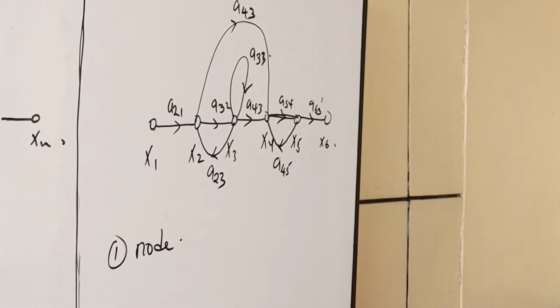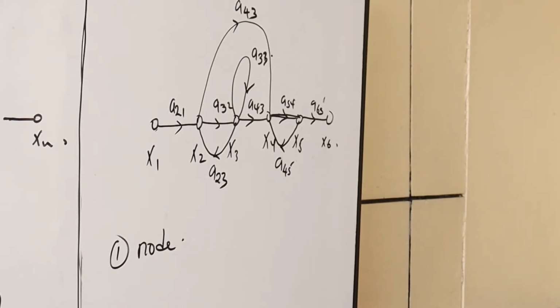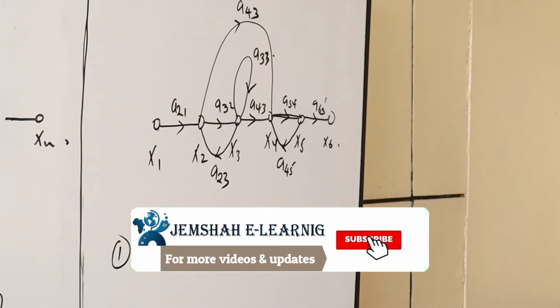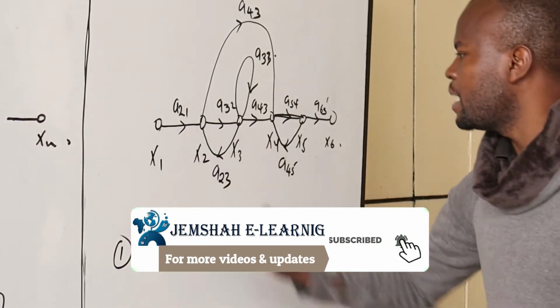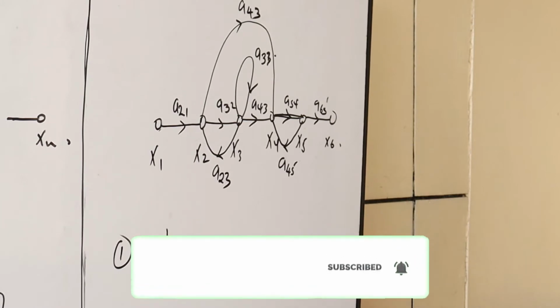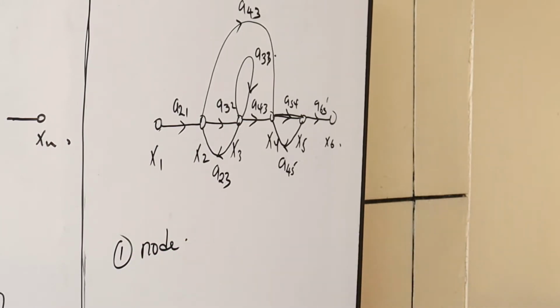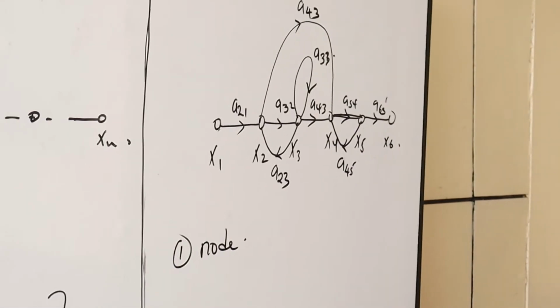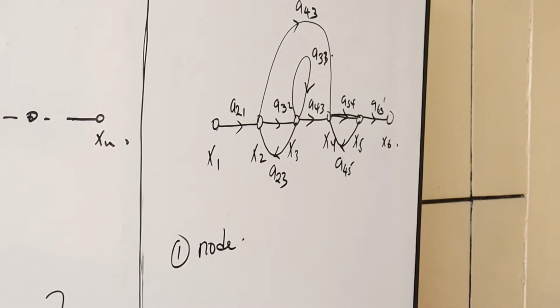These nodes are usually represented by a small dot. In summary, nodes are simply variables used in a system. So whenever there is a change in a variable, there will be a node.